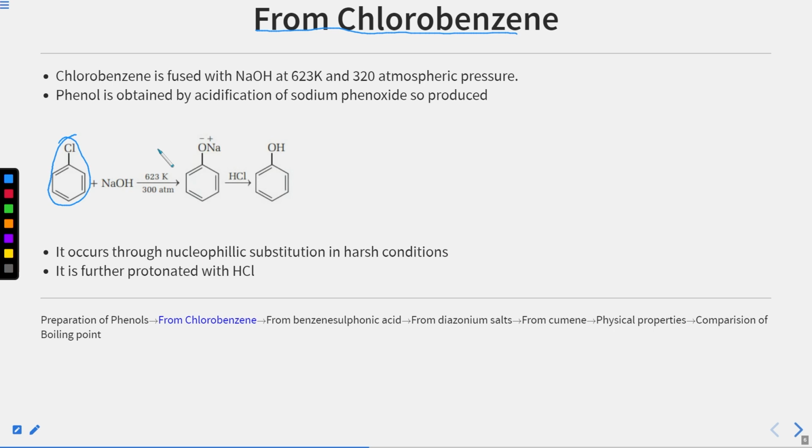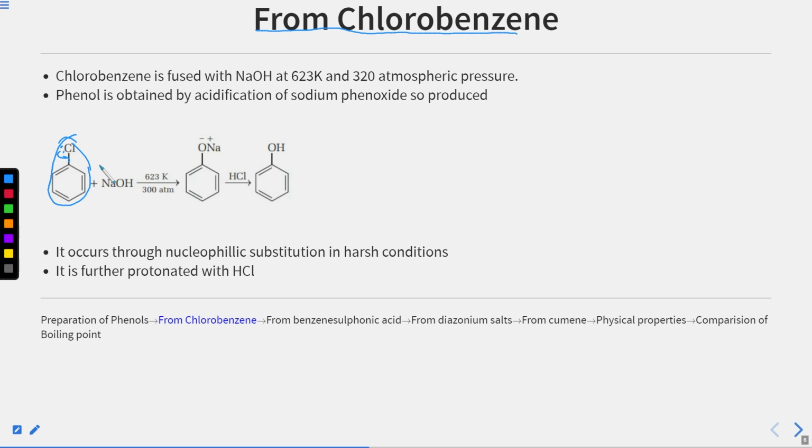First of all, due to the strong C-Cl bond. Upon resonance of this Cl, if this lone pair is delocalized over the ring, it will create a partial double bond between carbon and chlorine.